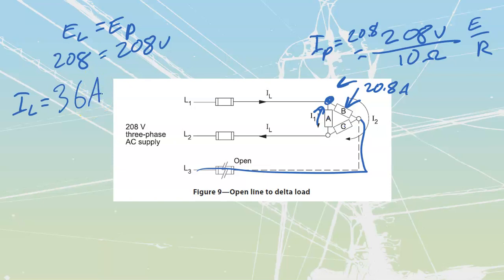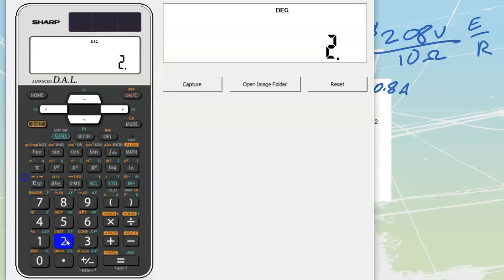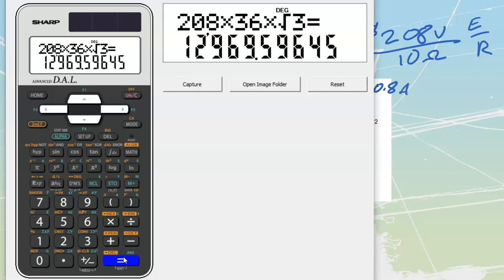Based off of that line current, I can now figure out what I would have for my total power. Because these are all resistive, my VA is the same as my watts. So we're just going to go 208 volts multiplied by 36 amps times root 3. This is my E line times I line times root 3, a calculation that we've done so many times already in this course. 208 times 36 times root 3 equals 12,969.